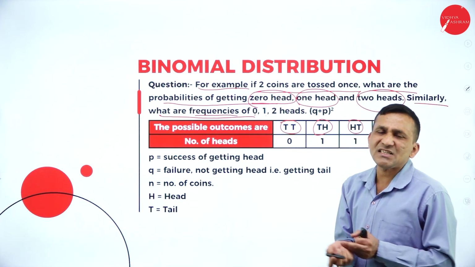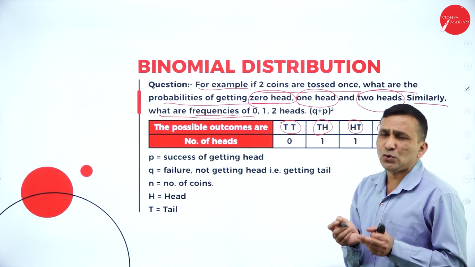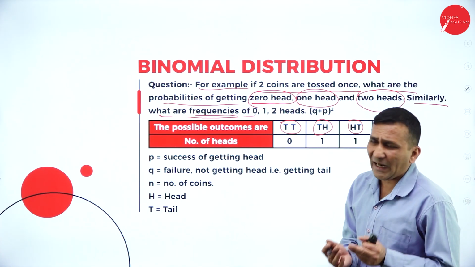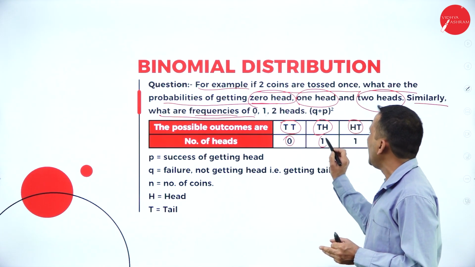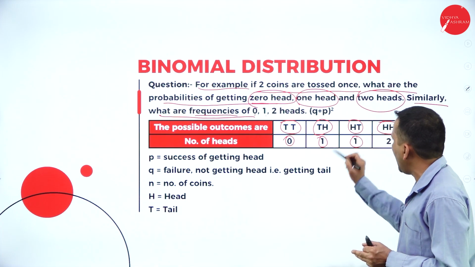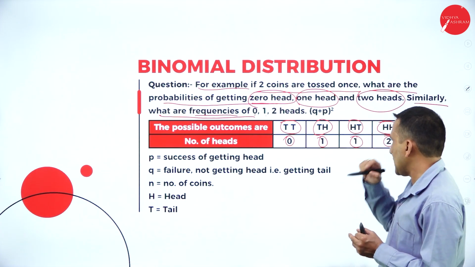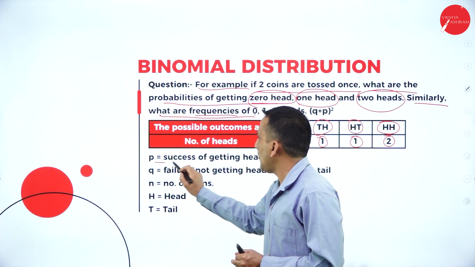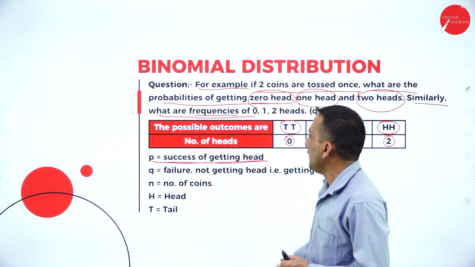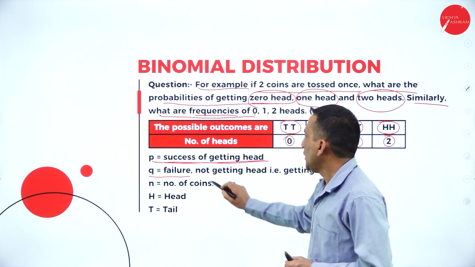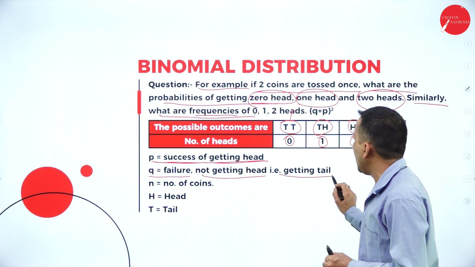Because the question is related to heads, when both coins show tails, you write 0; at least 1 head in this case; and 2 heads last. Here P stands for success, getting head. Q stands for failure, not getting head, which in this case is only getting tail.